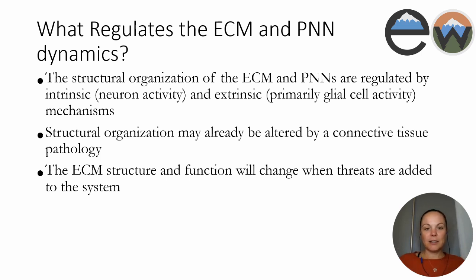Structural organization might already be altered by connective tissue pathologies, right? So we might have a change in what our 3D matrix looks like. And the extracellular matrix structure and function will also change when threats are added into the system. So just reinforcing again that those with connective tissue issues might be more prone to neurological stuff happening.